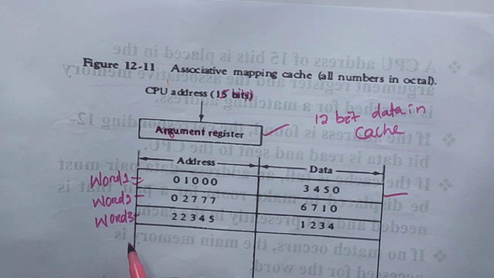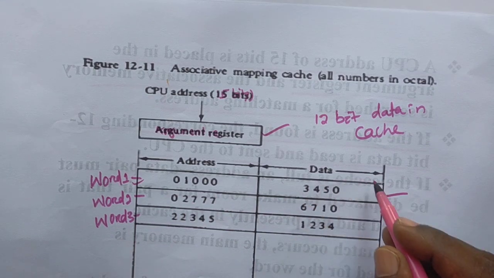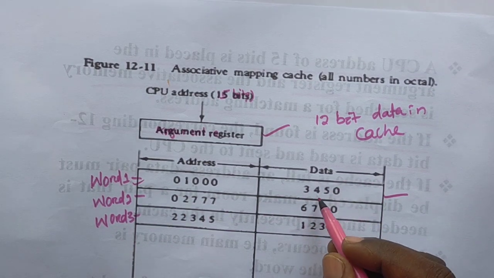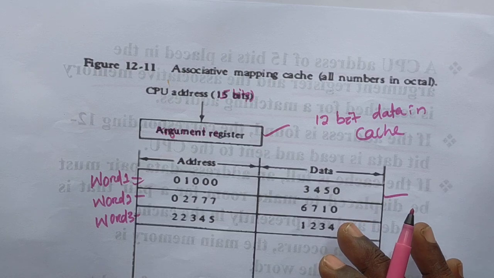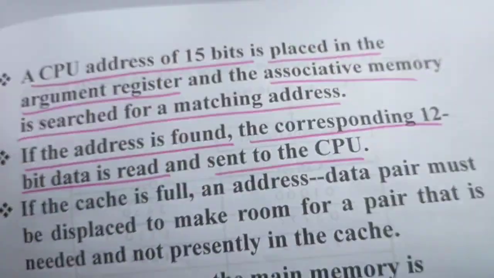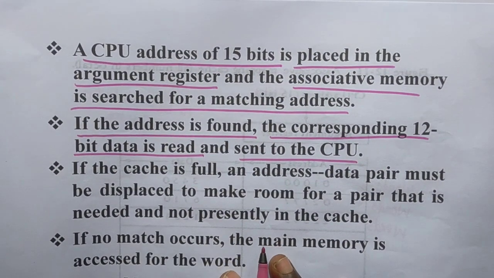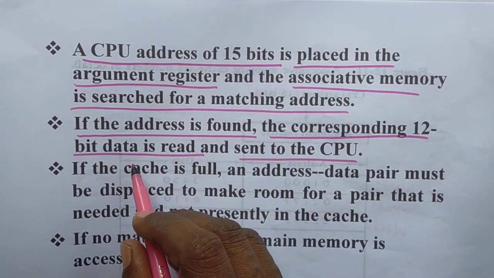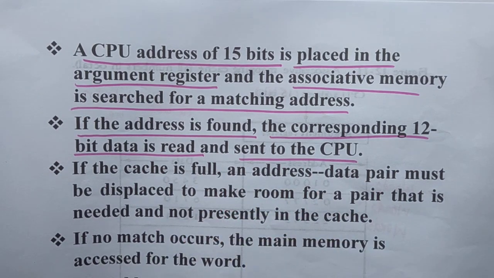This is the associative memory in cache. Here 4-bit data is mentioned, but it doesn't matter, don't worry about this. The 12-bit data can be retrieved if the address matches. So if the address is found, the corresponding 12-bit data is read and sent to the CPU.